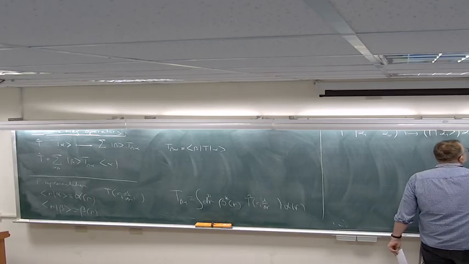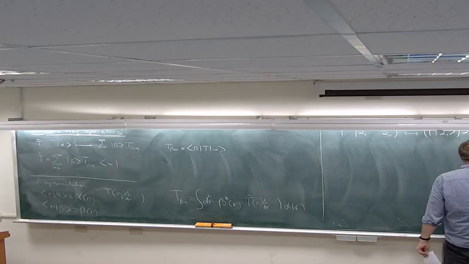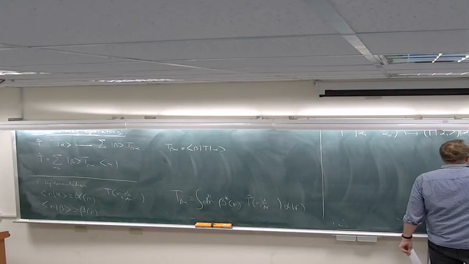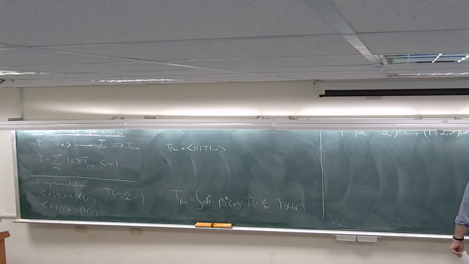Then move to the next guy. Maybe it's better to display it like that: then alpha 2, and all others untouched, etc., etc. And the last one is T acting on alpha n.